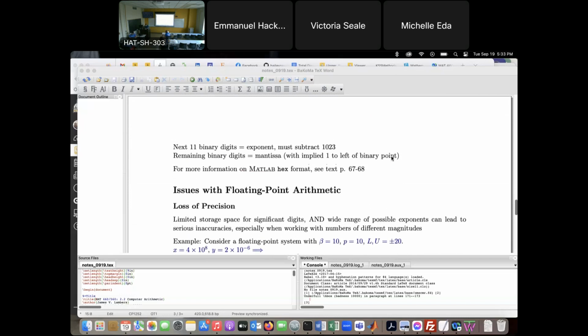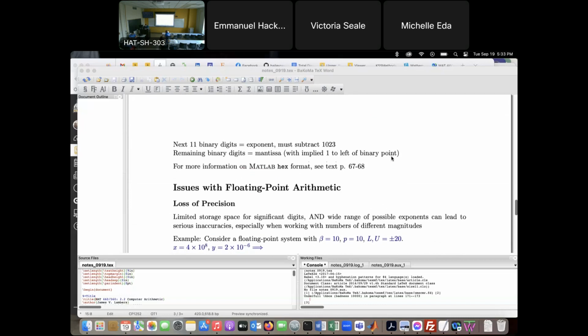So where we left off, having seen how floating point numbers are represented, how they're stored, today's focus will be on what can go wrong when working with the floating point number system.